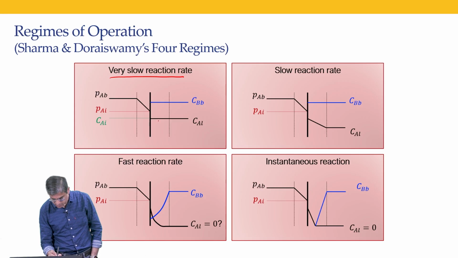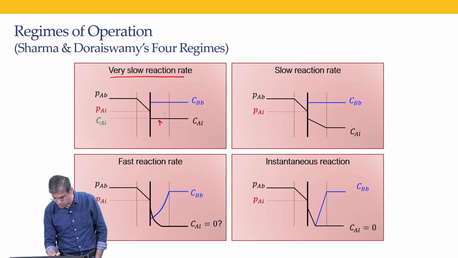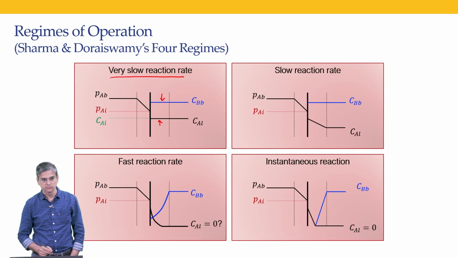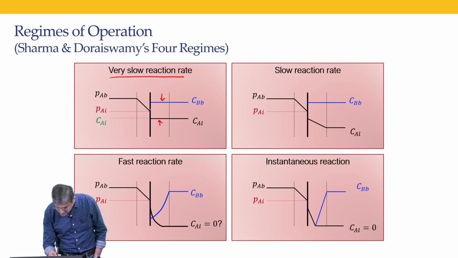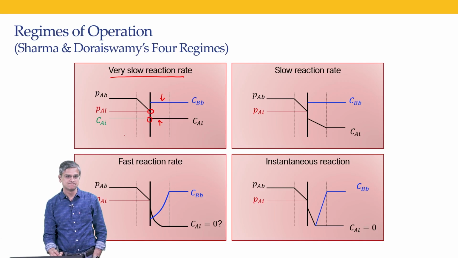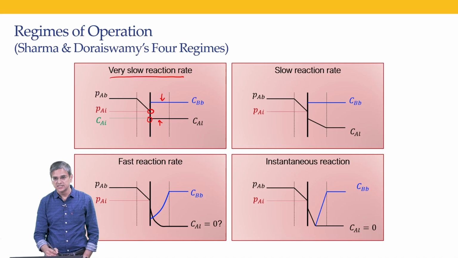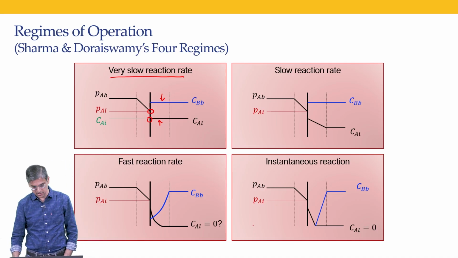As a result, the concentration of A does not change, concentration of B does not change. How is this value related to this value? Henry's law. PAI is related to CAI with Henry's law.